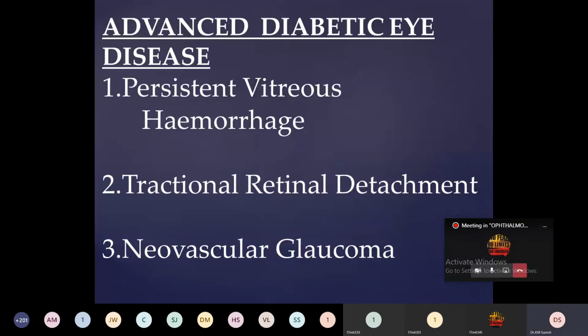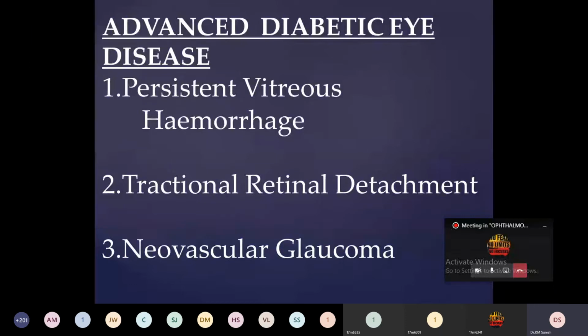Now we will come to the advanced diabetic eye disease. Whenever these diabetic changes are there, as I told you, new vessel formation will be there, and hence these fragile new vessels break and cause persistent vitreous hemorrhage, which forms a part of advanced diabetic eye disease, highly vision threatening.